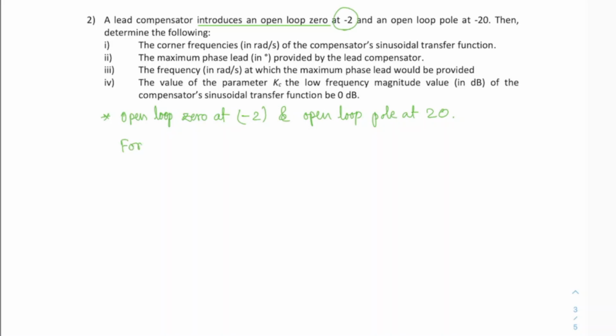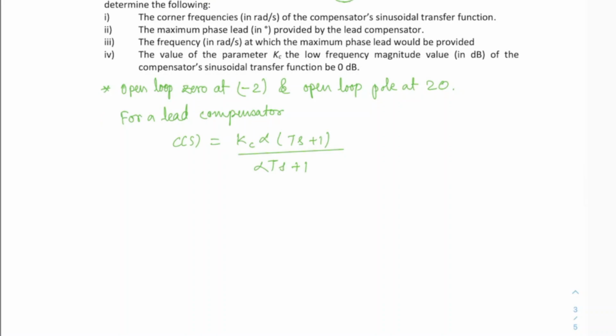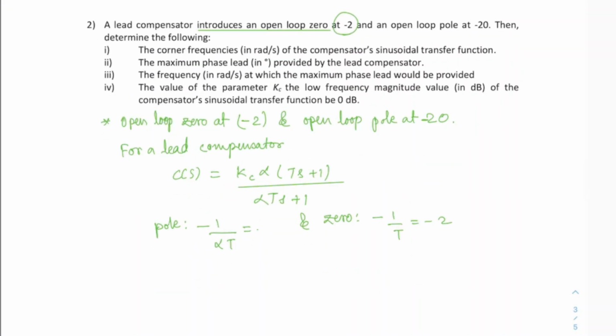So for a lead compensator, the pole is at -1 over alpha into T, and the 0 is at -1 over T. So the 0 is given at -2 and the pole is given at -20.